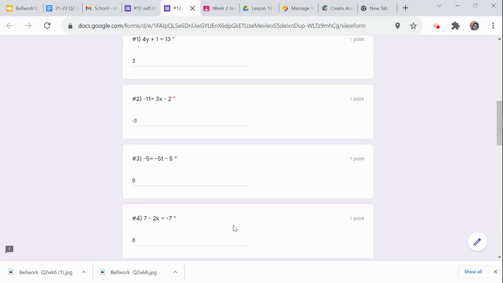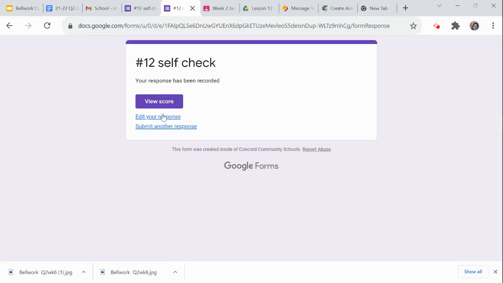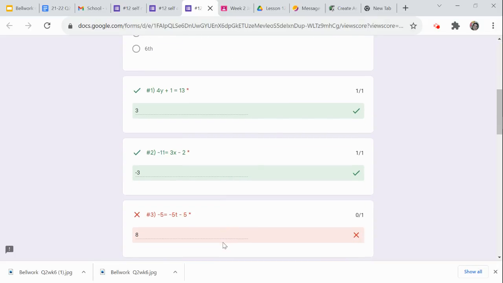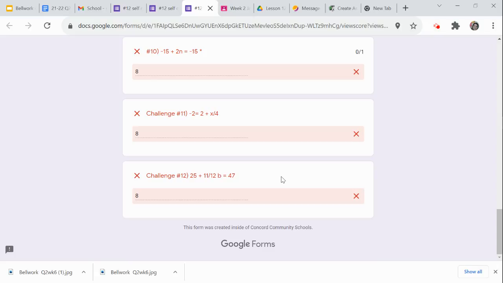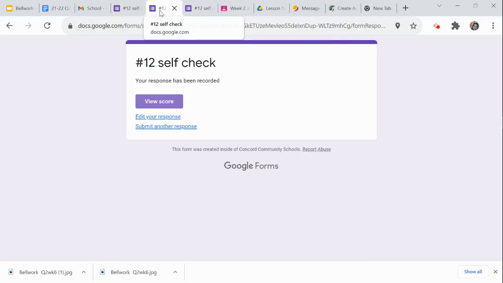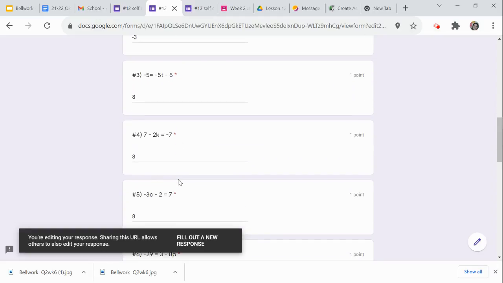Let's say second hour. You can view your score. And it'll tell you, yes, number 1 and number 2 are correct. And then, of course, all of these are wrong because we put in random numbers. Go back to the other tab and edit your response when you get to number 3. You can keep doing that to get your problems.